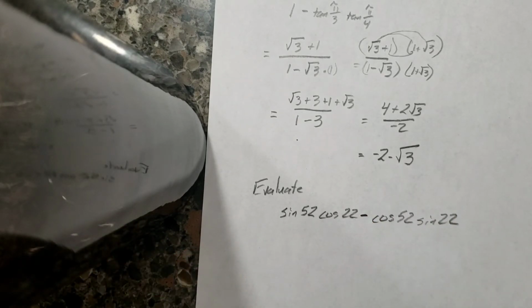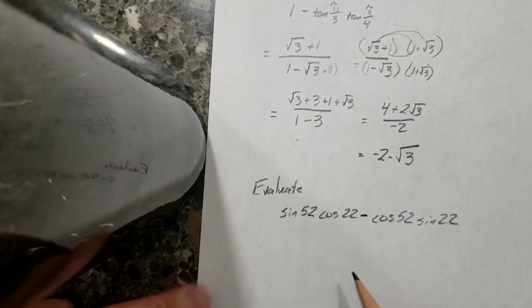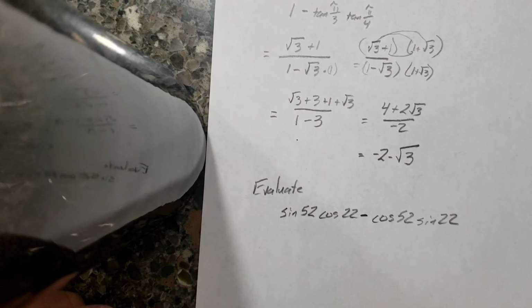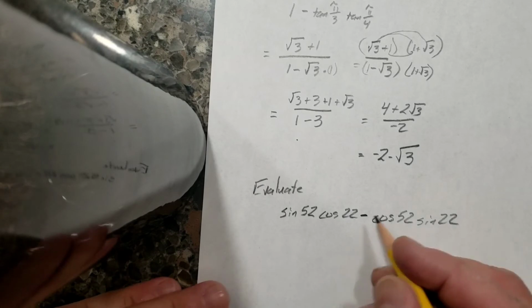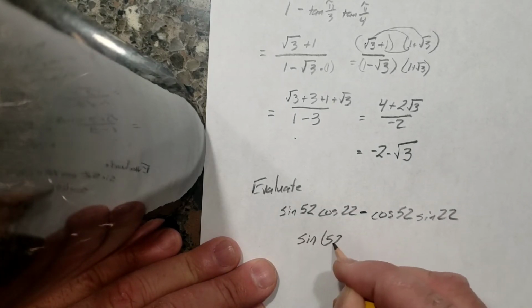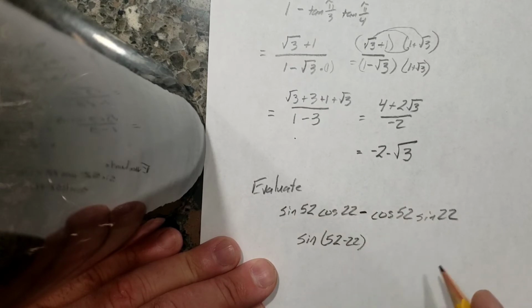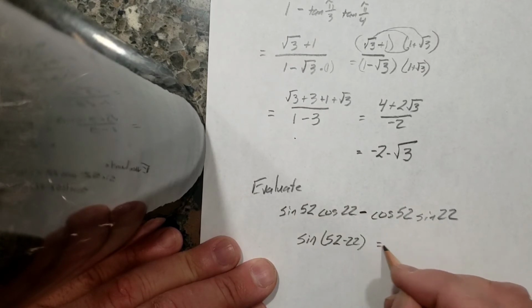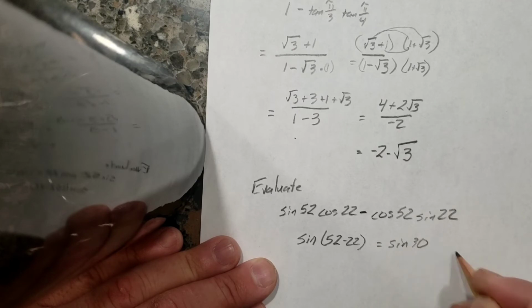Okay, sine cosine means you're talking about sine. So this actually makes it easy. It becomes the sine of 52 minus 22, and that's going to be the sine of 30, which is 1/2.